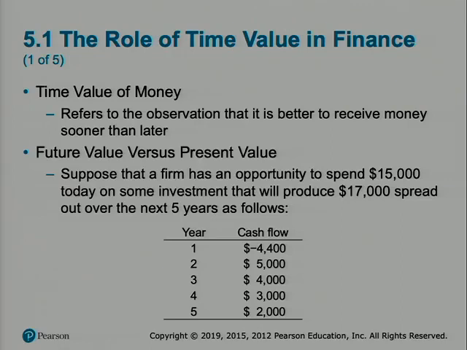So in finance, money received today is better than money received in the future. So if you have a choice of receiving $5,000 today or receiving $5,000 in 12 months, today is a better day to receive it than 12 months from now. The reason being, besides the risk of not actually receiving it in 12 months, you have the additional issue of money through inflation becoming less valuable.